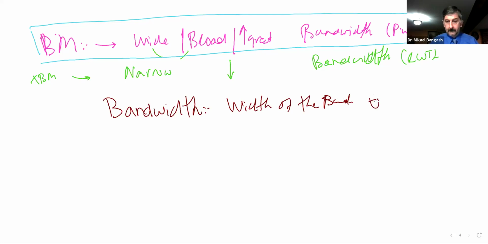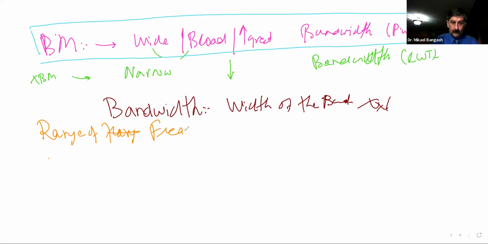Now guys, bandwidth here mainly has to do with the range of frequencies. Is that clear? So that's pretty much what a bandwidth is: the range of frequencies.